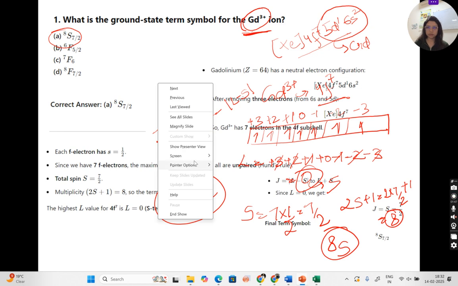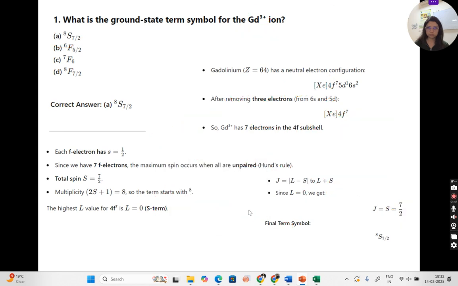This is the answer. The correct answer is A, 8S 7/2. Gadolinium with this configuration, after removing 3 electrons, gives 7 electrons in the 4f subshell.